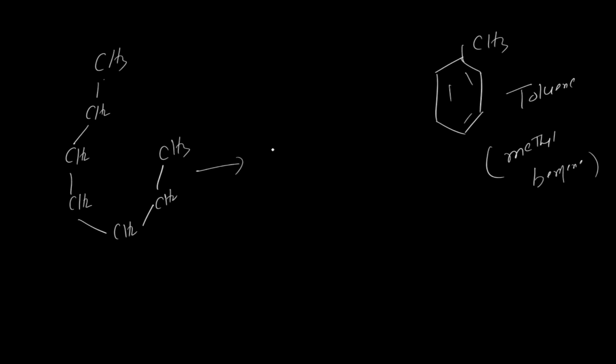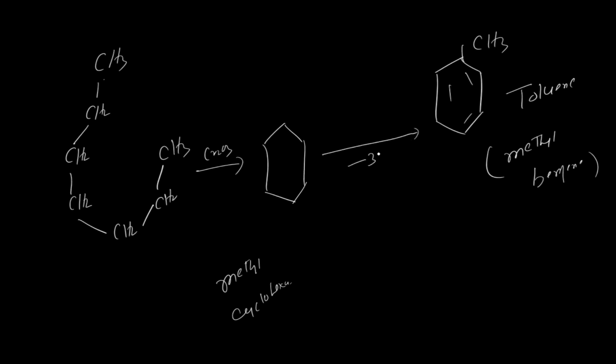In the presence of Cr2O3, it will give you methyl cyclohexane, and then dehydrogenation, removal of hydrogen, takes place, and it forms methyl benzene or toluene. So this is all about aromatization.